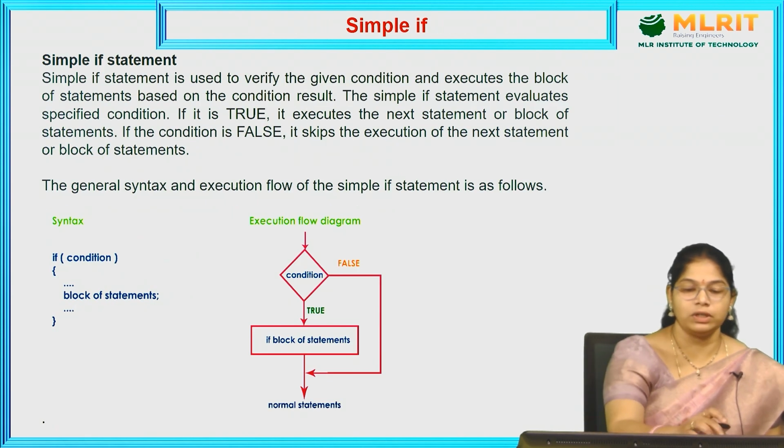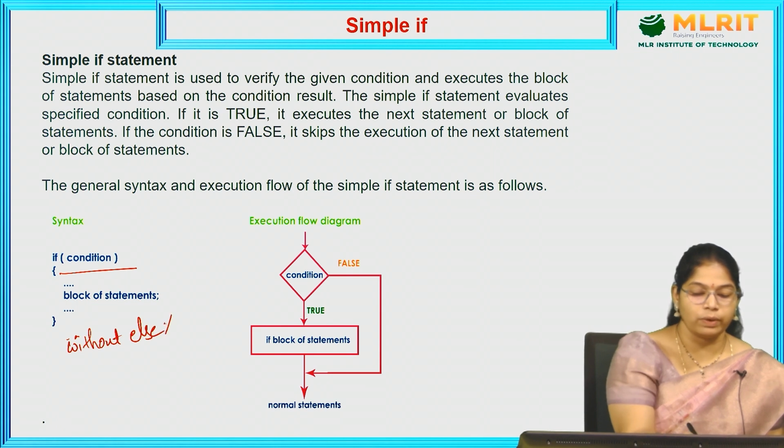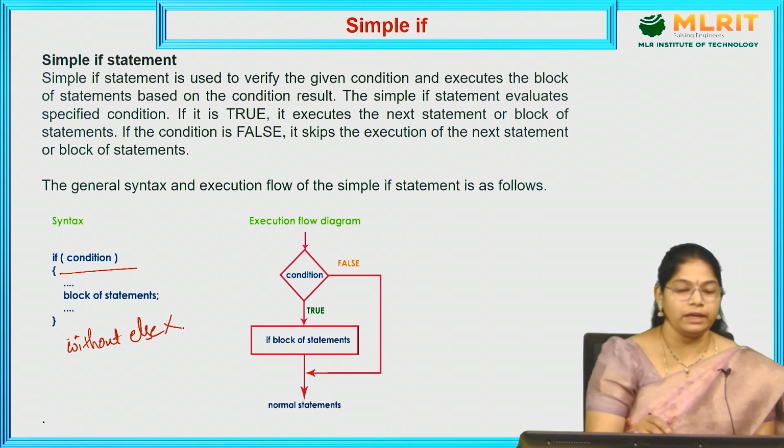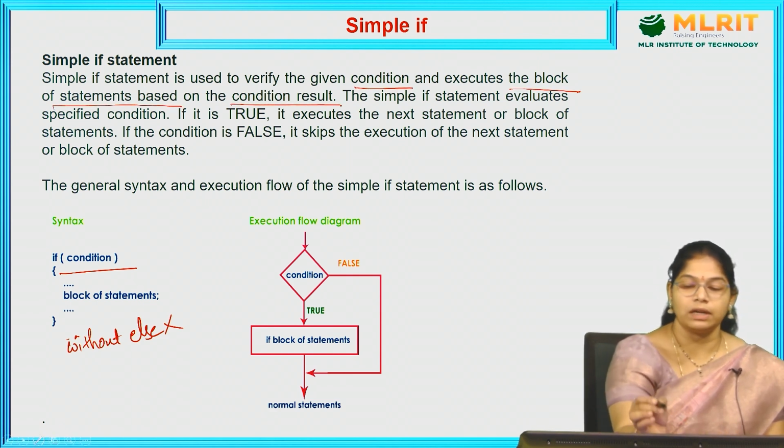Then, simple if. What is a simple if? We write an if condition without else. There is no else in a simple if; we write only if. The simple if statement verifies the given condition and executes a block of statements based on the result.